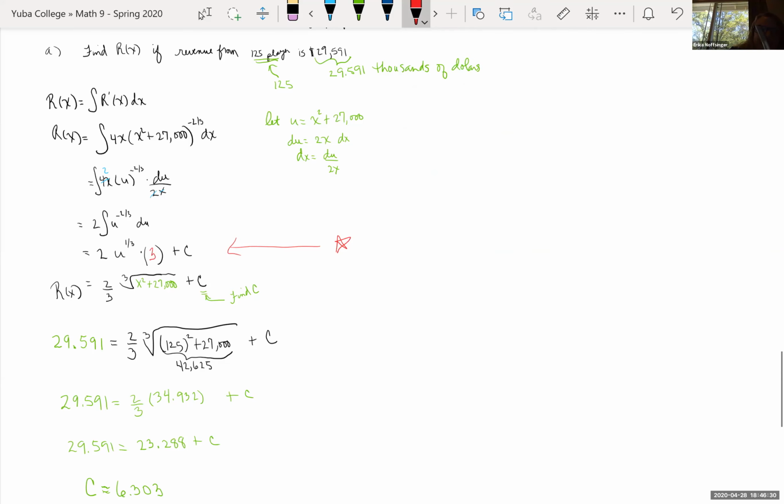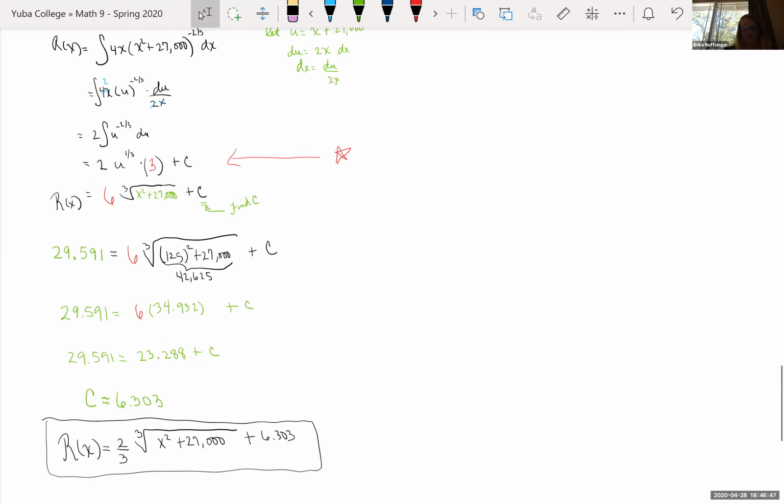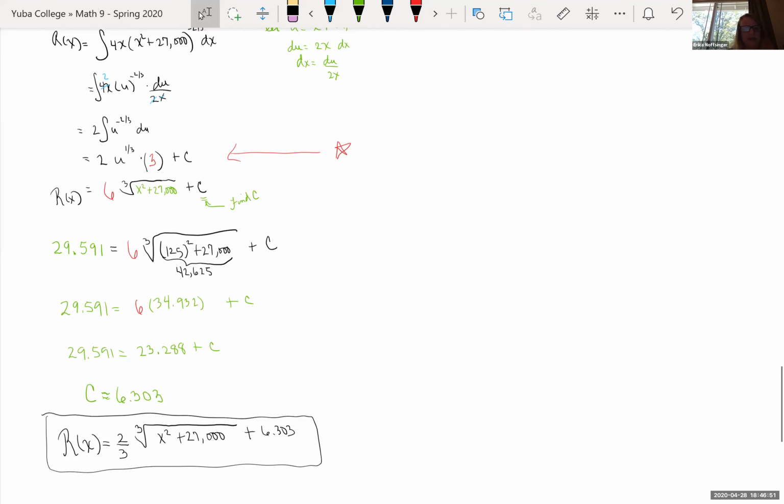And so that would have changed things in here. This would have been a 6. This would have been a 6. This would have been a 6. Yep, and it was a minus negative 180.